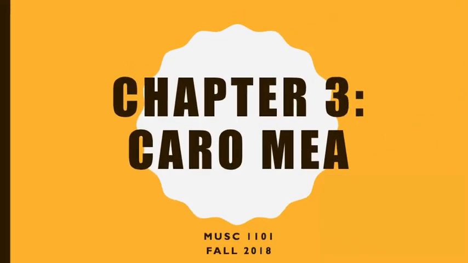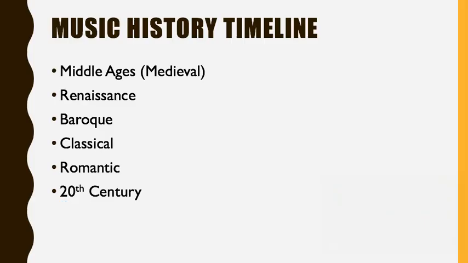All right, so we spent the first 2 weeks of this course covering the 8 elements of music, defining basic music vocabulary. So today we'll start actually putting that into practice by analyzing a specific piece of music. We'll begin the semester by working through a survey of music history.